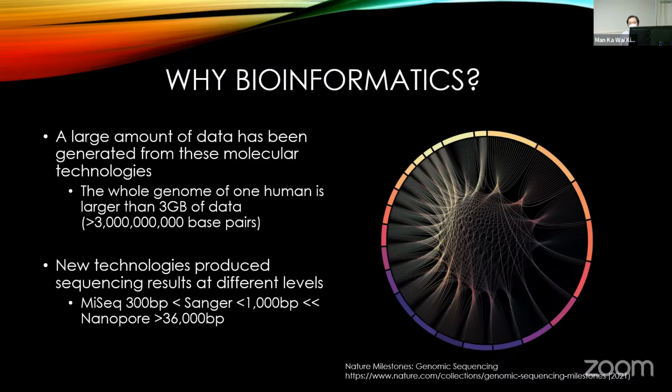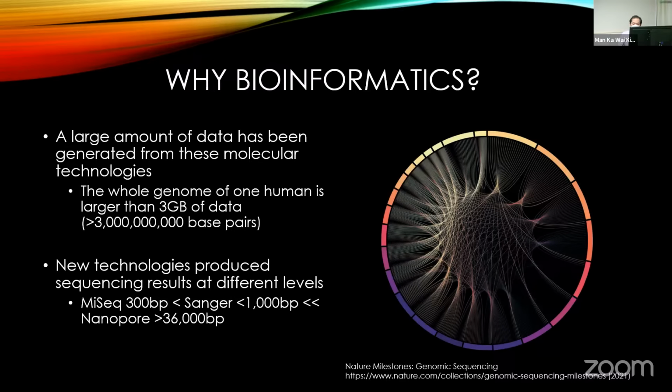Or we have the traditional Sanger sequencing, which produces about 1,000 base pairs. And then some more advanced or more recent technology can produce a longer size of each fragment. So all these different technologies produce data at different levels, different lengths, or different depths of sequencing.